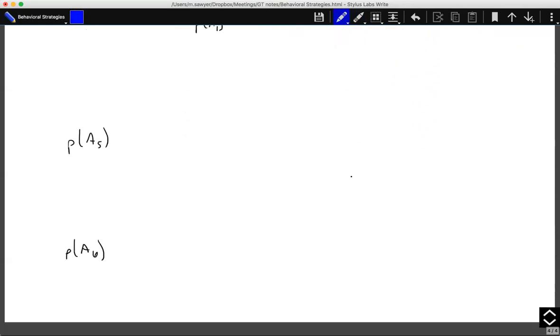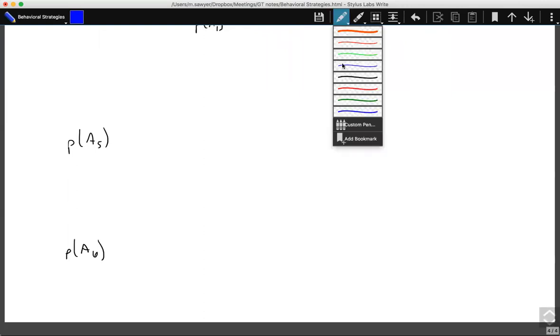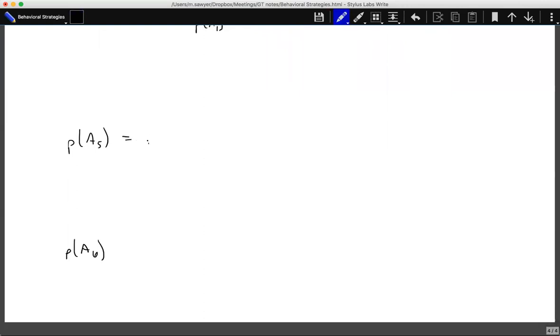So for the probability of A5, we know that this is the probability of A1, A4, A5, but we know we had to go through A1 and A4. So we go 0.3 divided by 0.6.